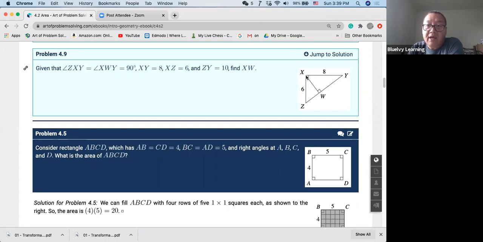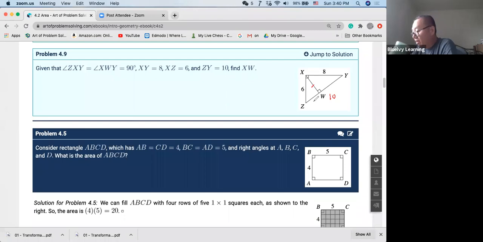Then XY equals 8, XZ equals 6, ZY equals 10, because this one's a right triangle. 6 squared plus 8 squared should equal YZ squared. 6 squared plus 8 squared equals 100. So that means YZ equals 10. This one equals 10. Then they ask you to find XW.